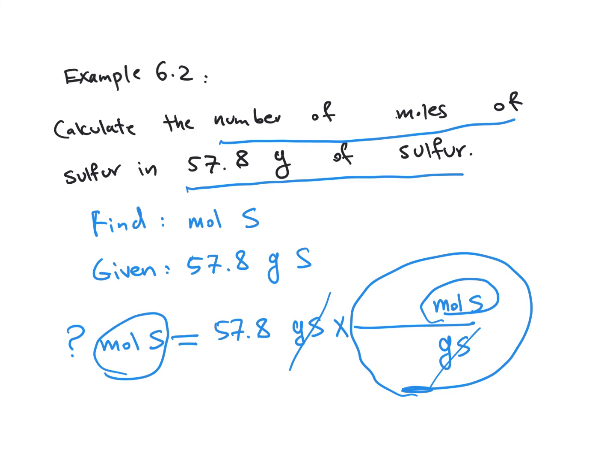Yes. So if we had gram per mole, this is the unit of molar mass, right? But here we have the reverse. So this is basically the reverse of molar mass. Does that make sense? And how can I get this number?